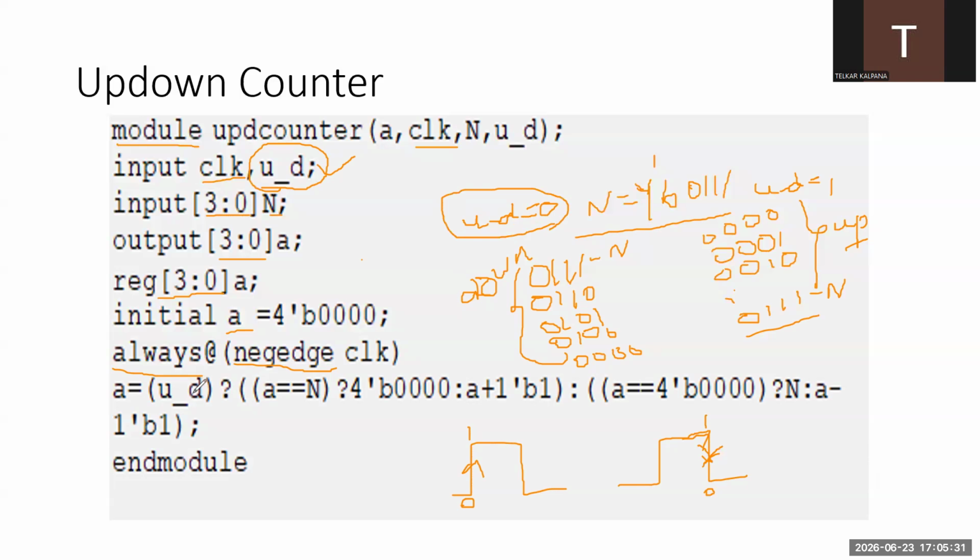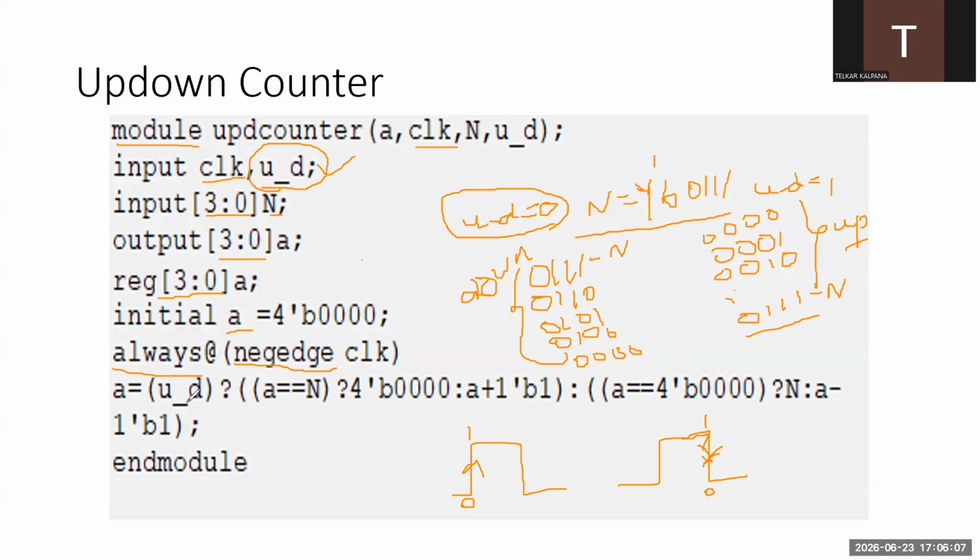Before the question mark is the condition: u_d takes the value 1. If u_d equals 1, then the very next statement after the question mark will be assigned to A. Else, if this condition is not satisfied and u_d equals 0, then after the colon, whatever statement is there will be assigned to A.